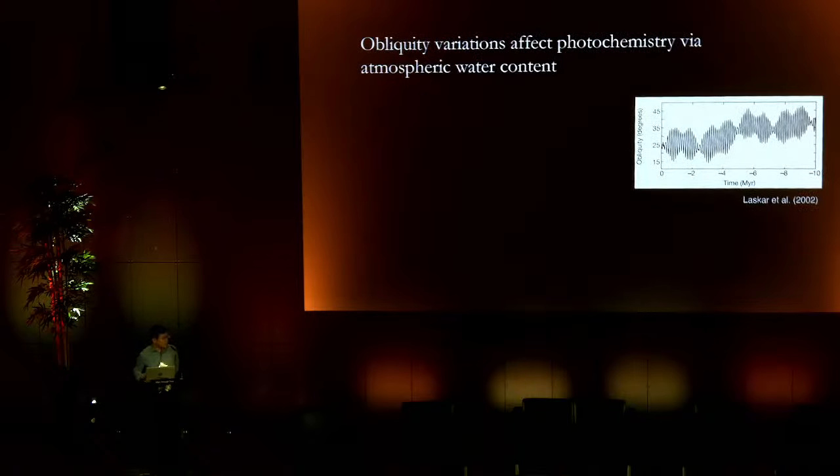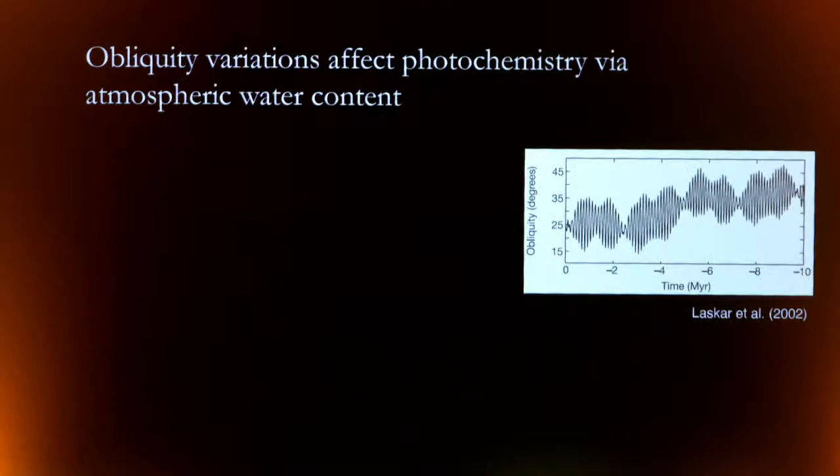When we go back through time, we see that Mars has undergone drastic obliquity variations. From the many talks today and in the past few days, you know that at different obliquity, Mars has different water content in its atmosphere. So the obliquity variations are expected to affect photochemistry because they control the atmospheric water content.